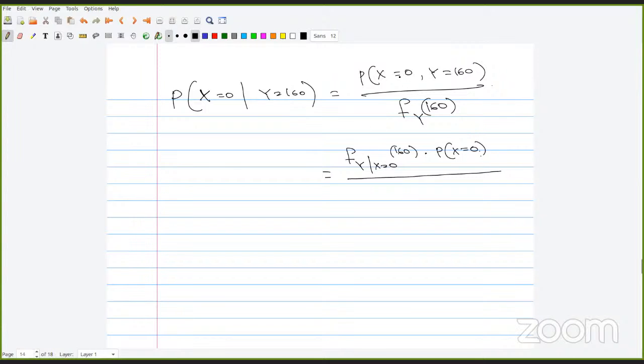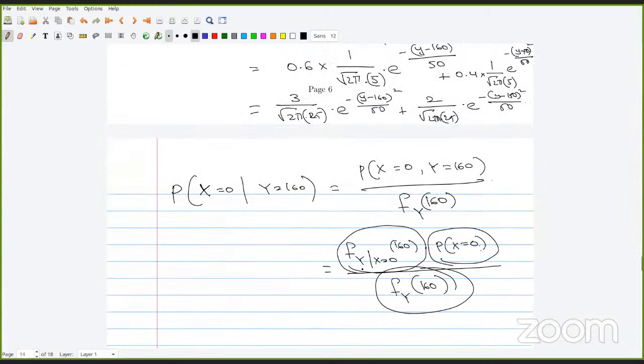You can treat it like this is A intersection B, so you can write it like B given A times the probability of A. But here the terminologies are different. So this is the value we have to find finally. We know this, we know this, we know this.